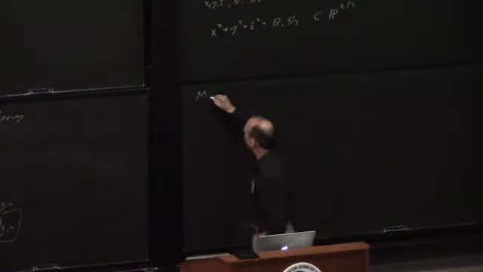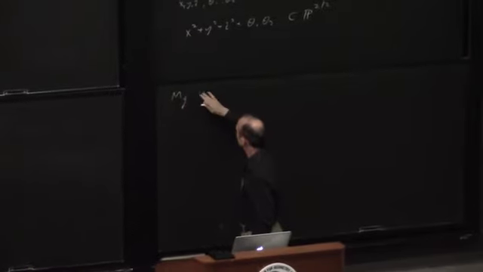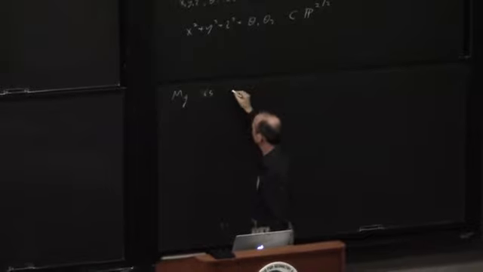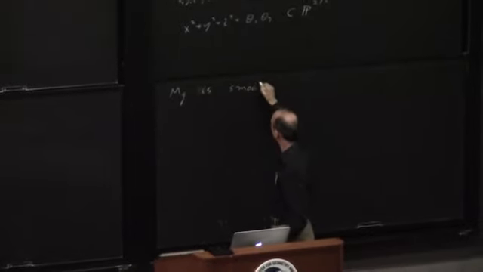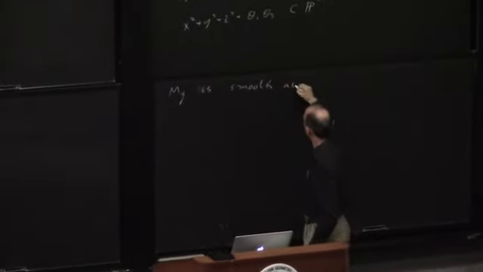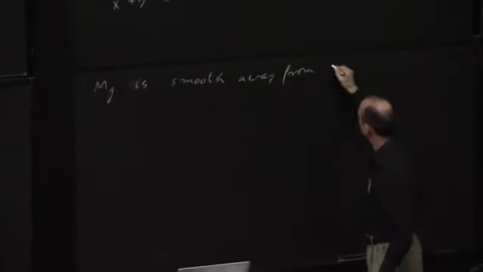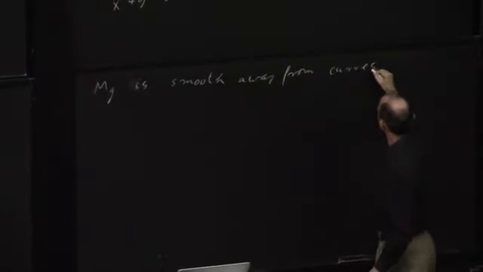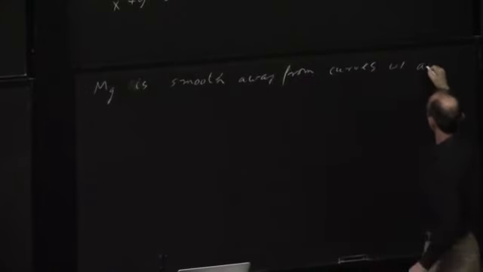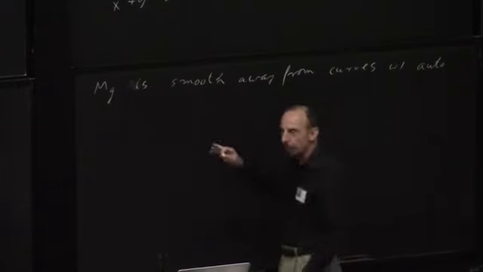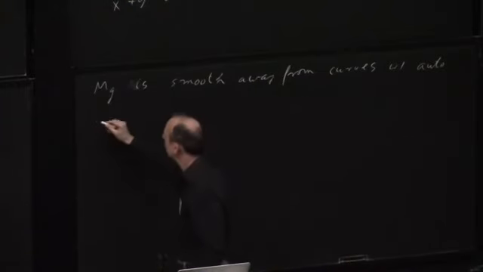So Mg, as a manifold or as a space, is smooth away from Riemann surfaces or curves with an extra automorphism. Okay? That's the locus where things are bad.